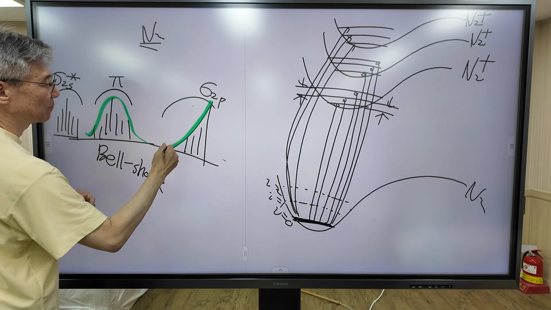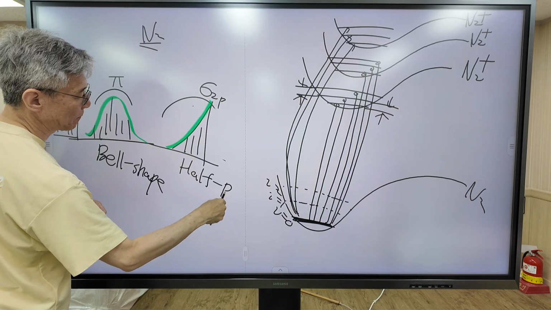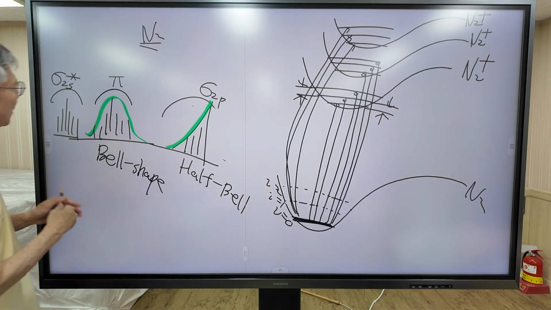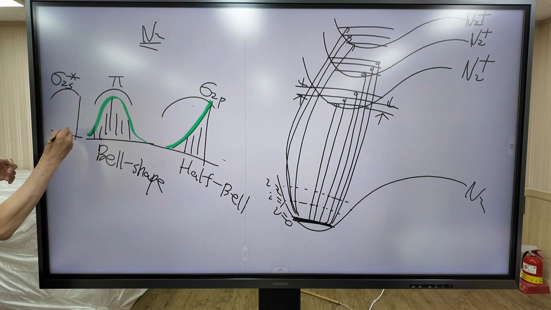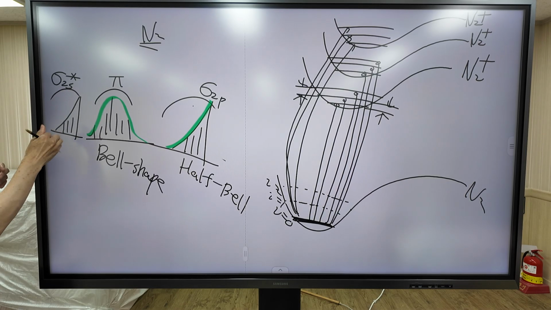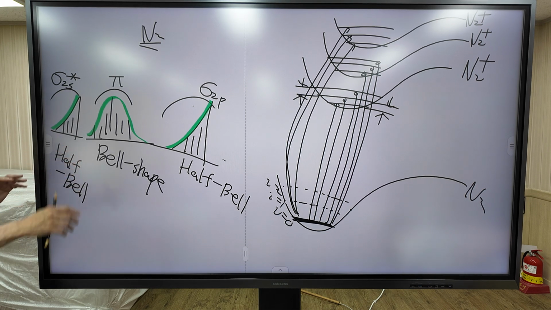Half bell shape. Similarly, the band shape for sigma 2s star looks like this. The bell shape is different.